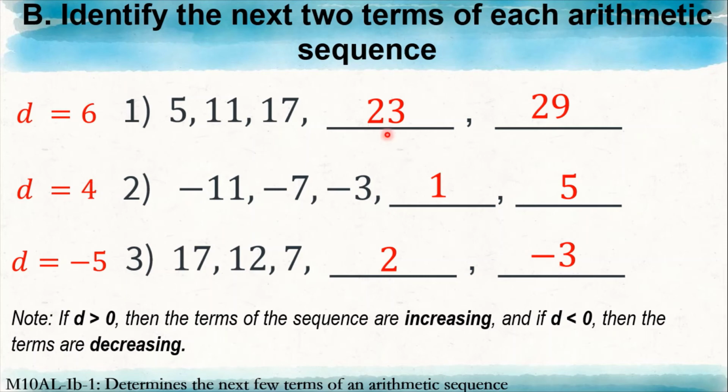Kapag may given arithmetic sequence at napansin niyo na increasing ang values ng terms, definitely the common difference is greater than 0 or the common difference is positive. Pero if the values of the terms are decreasing or pababa, then the common difference is less than 0 or negative.